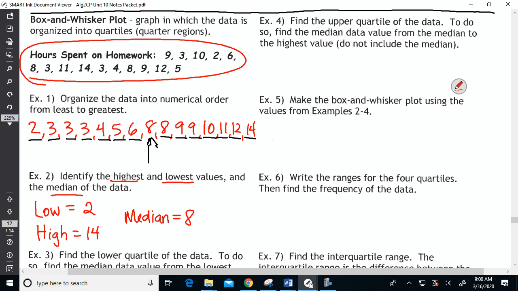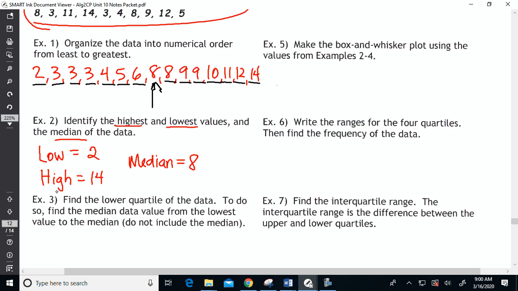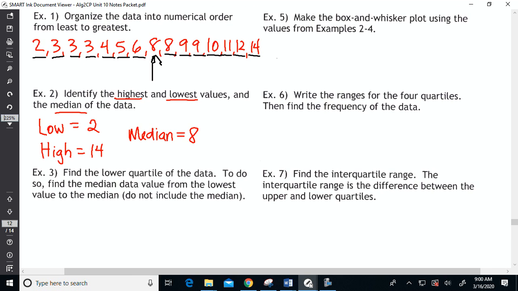So step 1, put the numbers in order. Step 2, identify the lowest value, the highest value, and the median. Step 3. So now we can get into some terminology here. Find the lower quartile of the data. To do so, find the median data value from the lowest value to the median. Do not include the median.